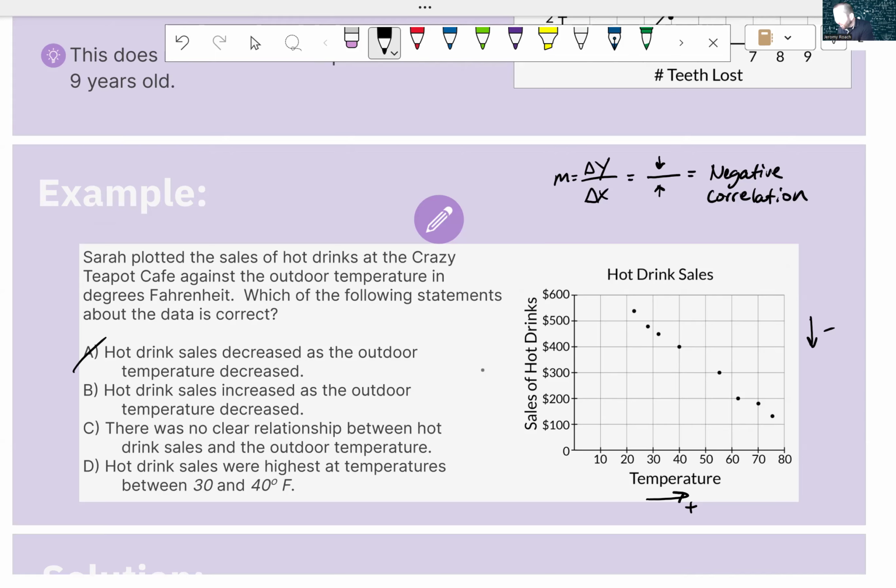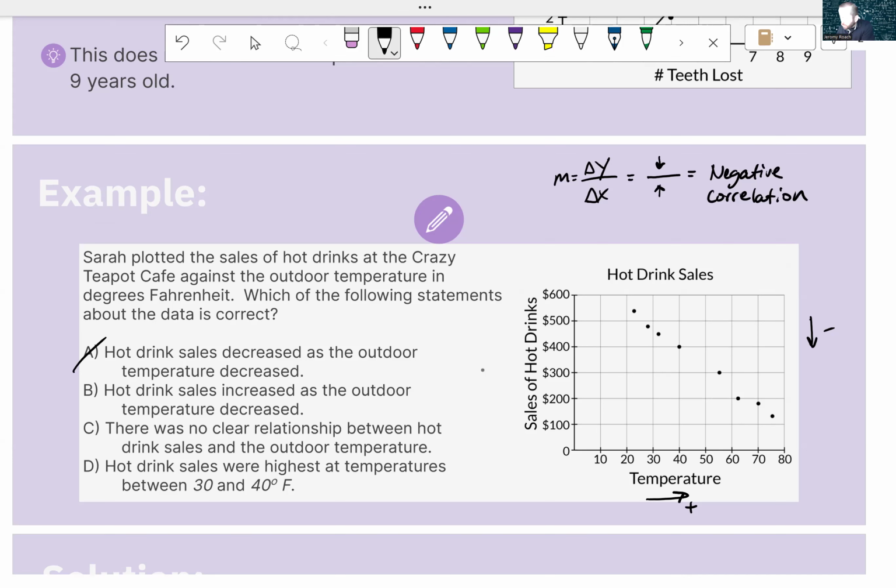If we take a look at our graph, as we read it from left to right, temperature is increasing and drink sales are decreasing. Now this B looks like it's the opposite of that, but what's kind of interesting is we can read this the other direction, if we read it backwards on the x-axis and on the y-axis. So the hot drink sales increased.